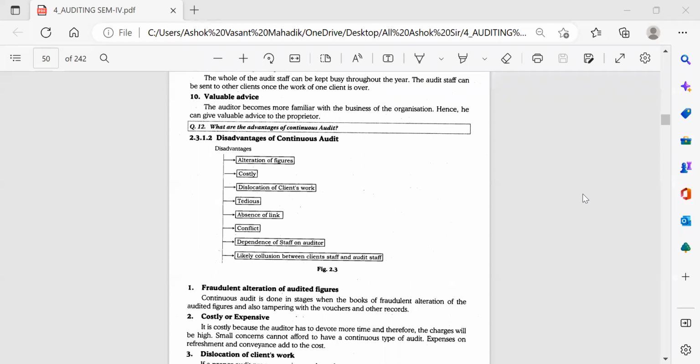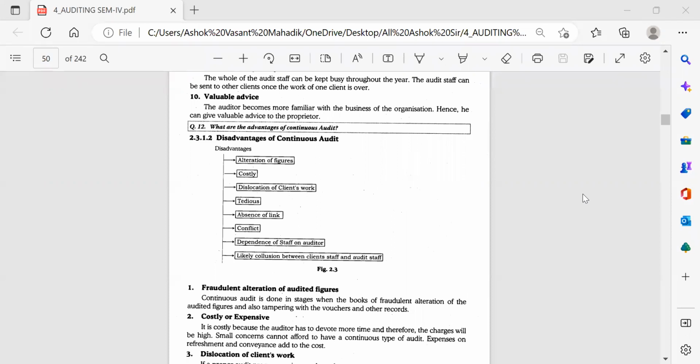First, alteration of figures. In continuous audit, once you are done with the audit of, suppose, April and May, then in the next visit you will go for June. Clear? Because April, May are already done, so we'll audit June onwards. If any culprit accountant is there, he'll say that now the auditor will not go through the books of April and May.